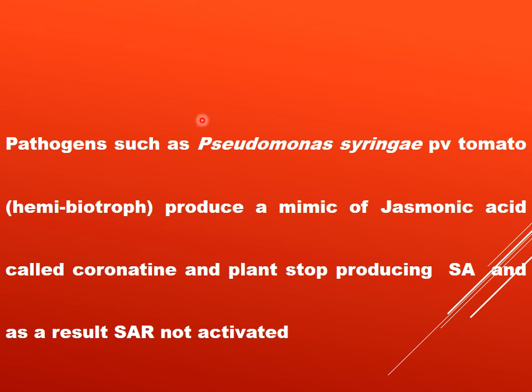So these two talks on systemic acquired resistance are just a briefing on this big subject, on which you can find books or hundreds of papers, and still people are not able to completely know how systemic acquired resistance works. But a lot of things are known, and many of the things are applied to protect plants against pathogens.